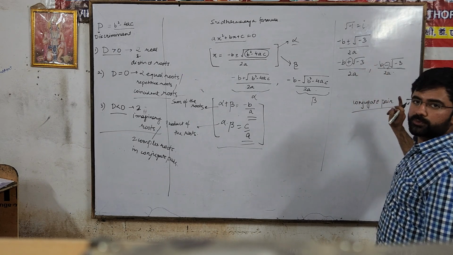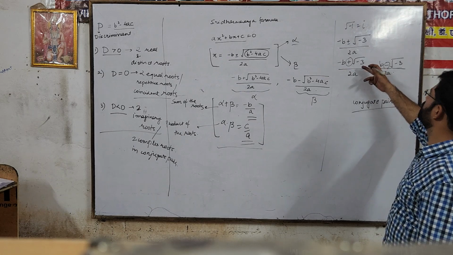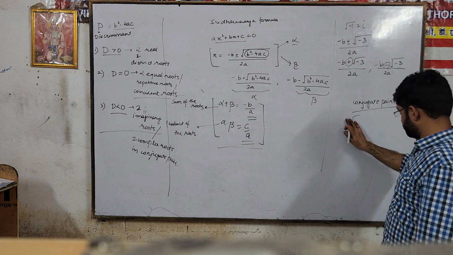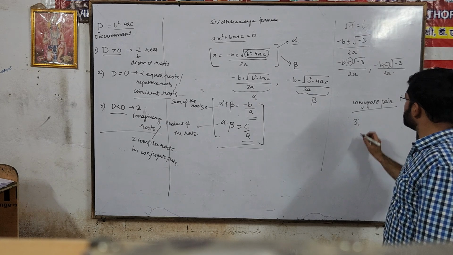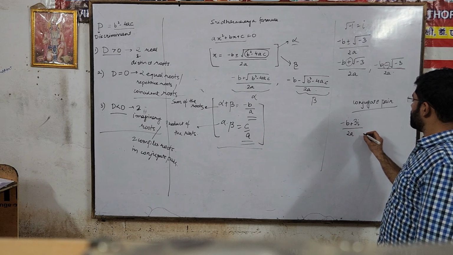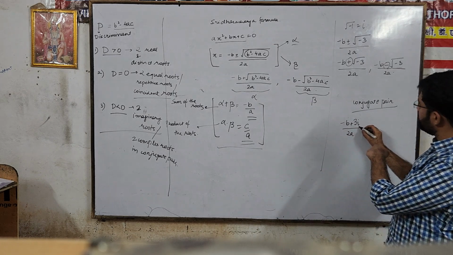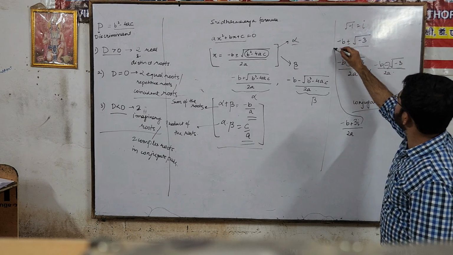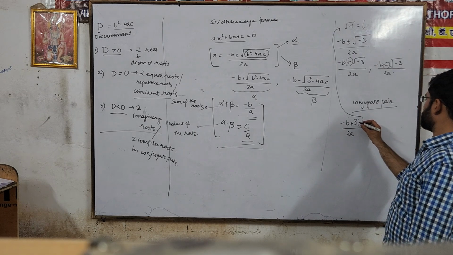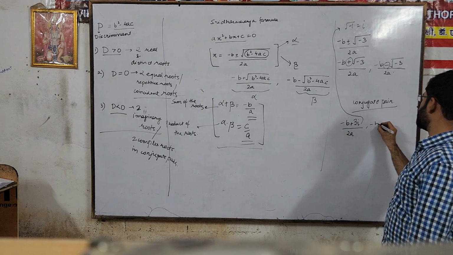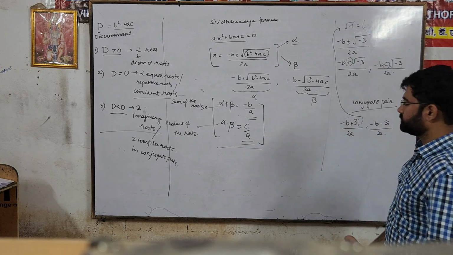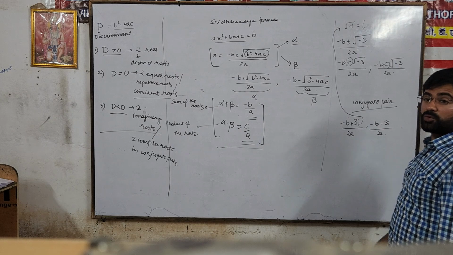So you can write under root of minus 3 as 3 times iota. So your expression becomes minus b plus 3i upon 2a. This i is not a variable, it is your iota whose value is equal to under root of minus 1. Minus b plus 3i upon 2a and minus b minus 3i upon 2a. So the roots are going to exist like that.